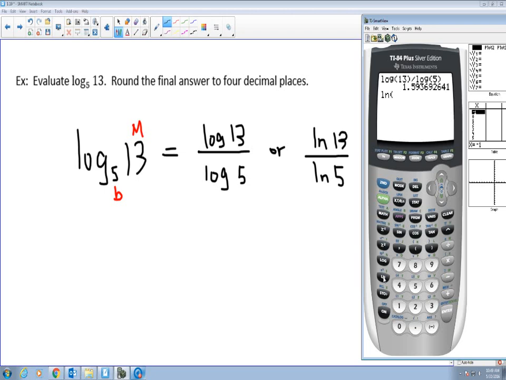Watch this. If I use the natural log of 13 divided by natural log of 5, it gives me the same answer, even though I'm using 2 different bases. That's kind of weird. Four decimal places, that would be 1.5937.